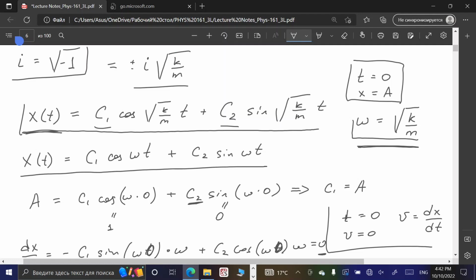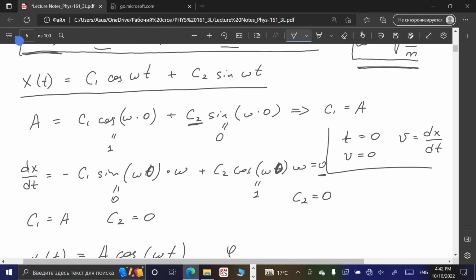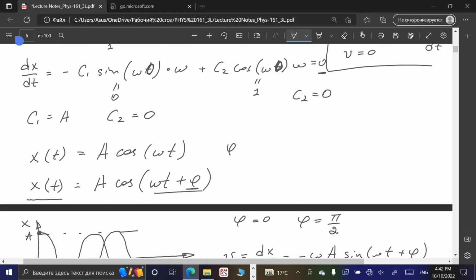So velocity is given as the first derivative of displacement over time, so we apply this second boundary condition to the first derivative of our general solution, and get the value for the second constant, which is equal to 0. So eventually we get the final equation which describes harmonic oscillation and introduce this phase shift p in order to make it general, not only for the specific case when initial position is positive a, it can be anything at t equals 0.